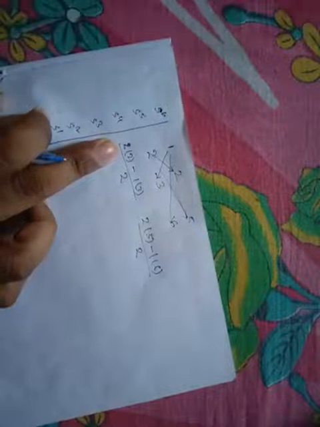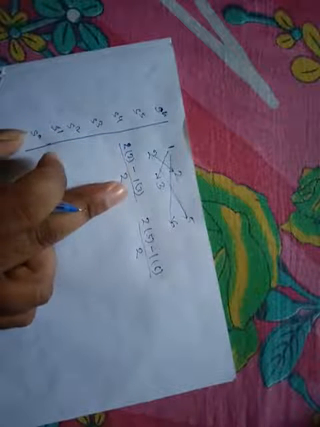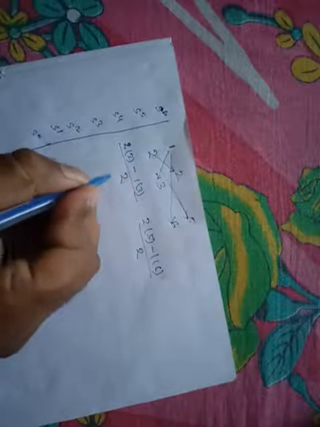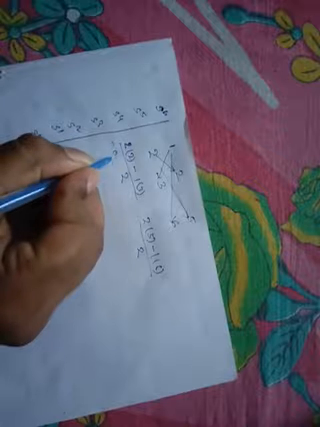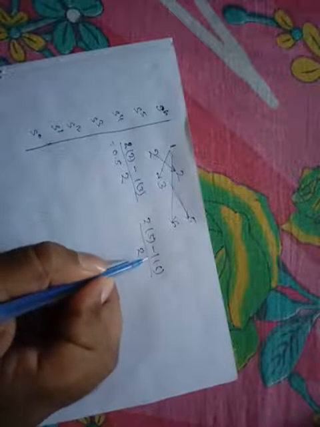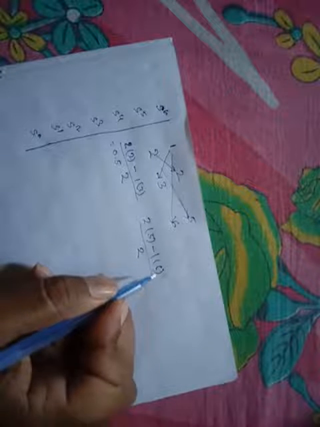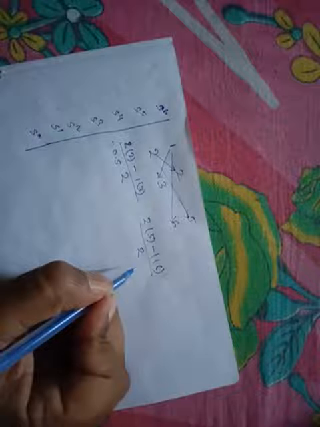The result is 4 minus 3 and a half, that is 0.5. Here 10 minus 6 is equal to 4, so 4 by 2, the result is 2.